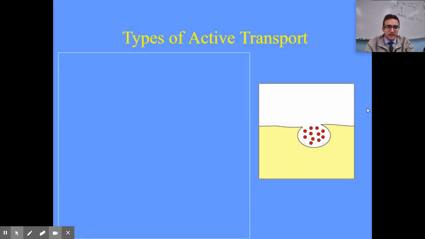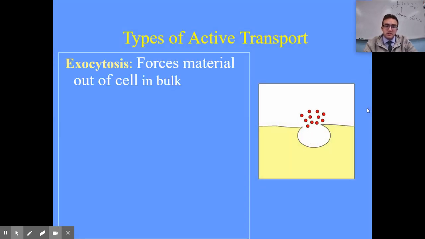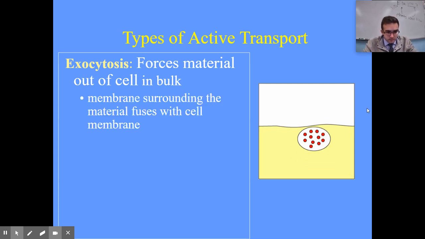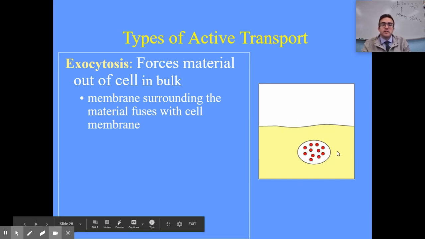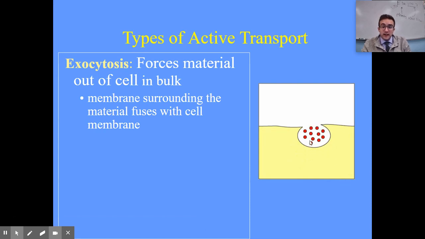Our next type is called exocytosis. Sometimes we have really large molecules that just don't fit through a protein pump. So we're able to force things out that are bulky, or we're able to force a lot of things out. What it is, inside the cell, is a membrane-filled vesicle. This vesicle has the same membrane, it's still a phospholipid bilayer that the outside of the cell has.